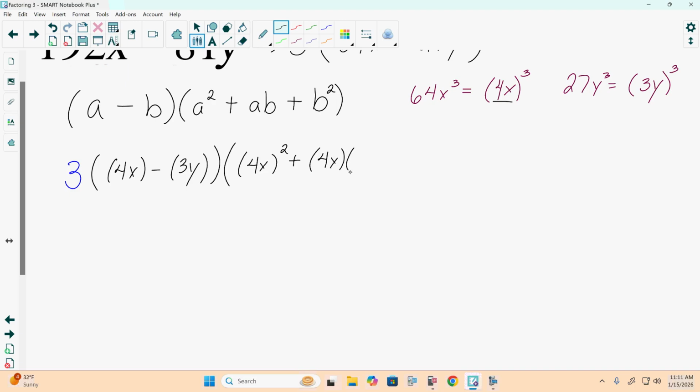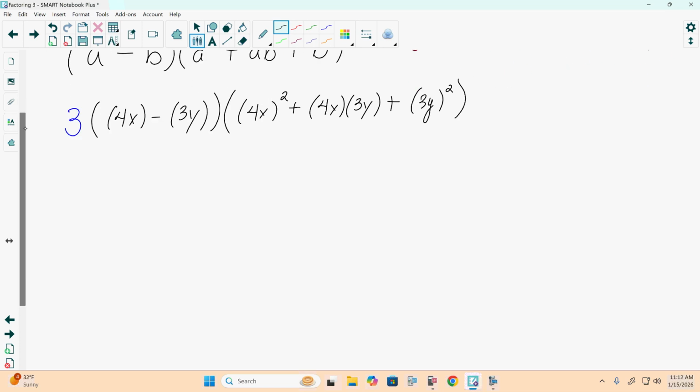Well, a is 4x, and b is 3y. And our last spot is b squared. So it'd be 3y squared. So really the big thing with this is just figuring out what's a and b and replacing it in the formula. Questions on how we got to this point here?